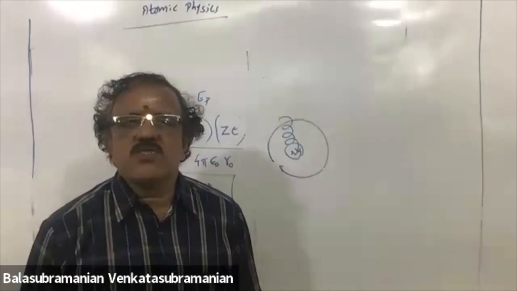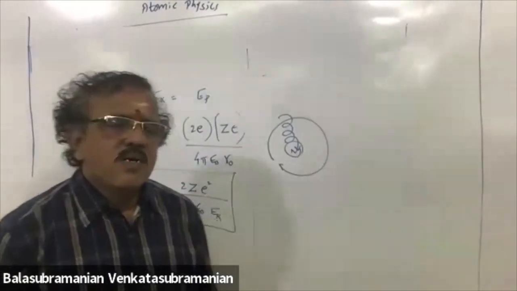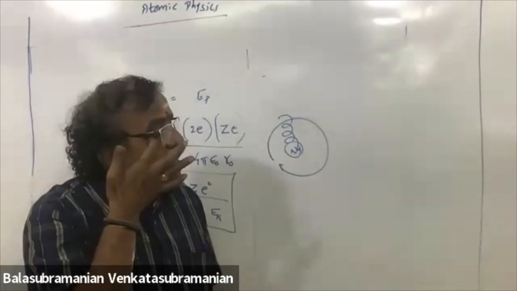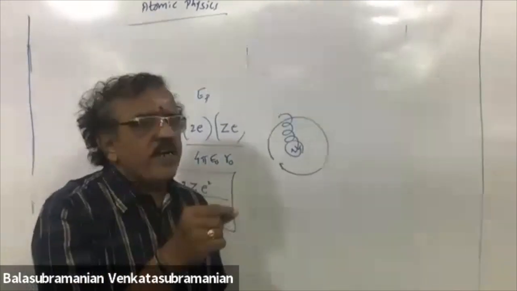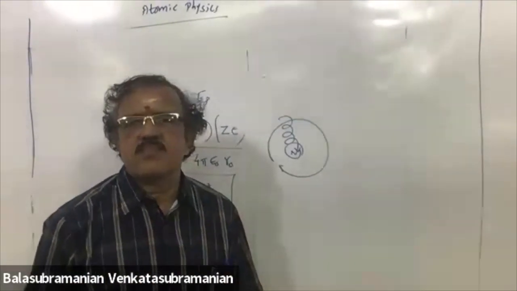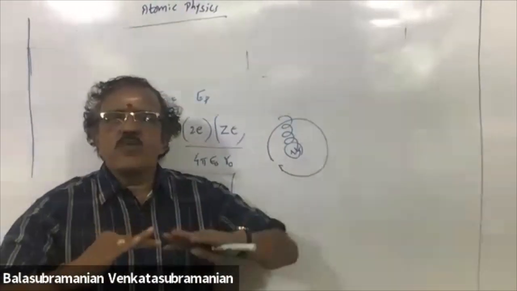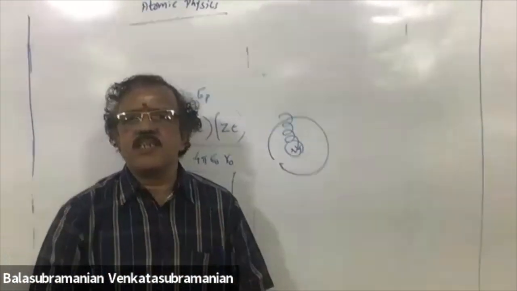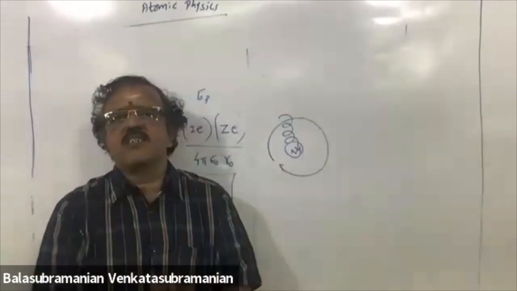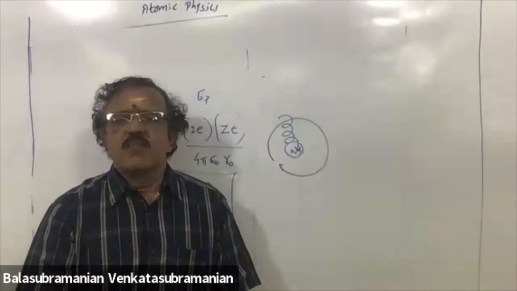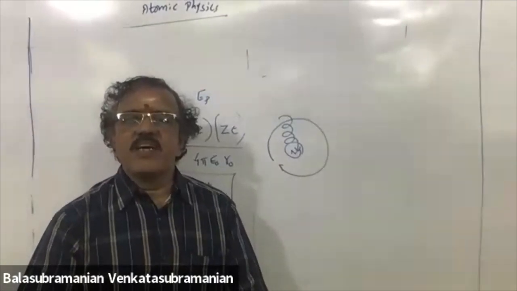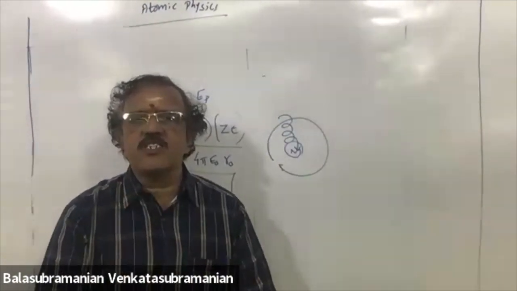The second drawback is the continuous spectrum you are expecting. The frequency of revolution of the electron and the frequency of radiation emitted are equal. That is his assumption. But based on that, you should get a continuous spectrum.